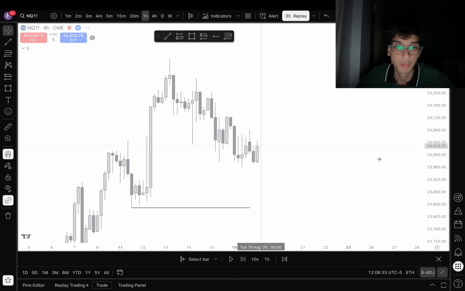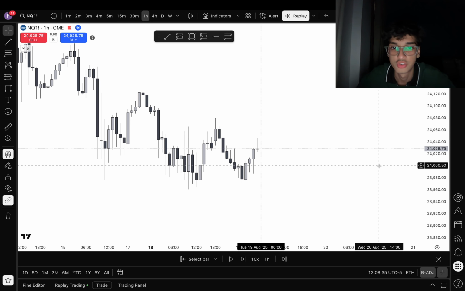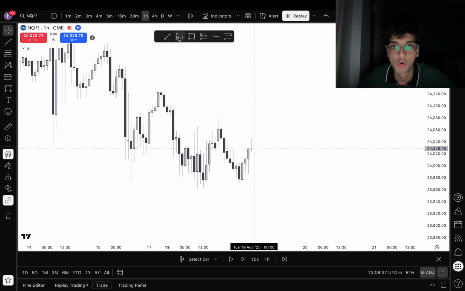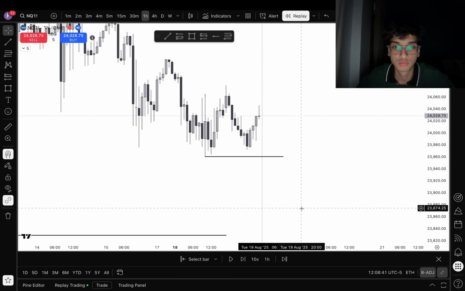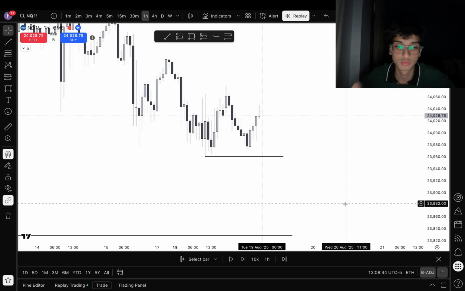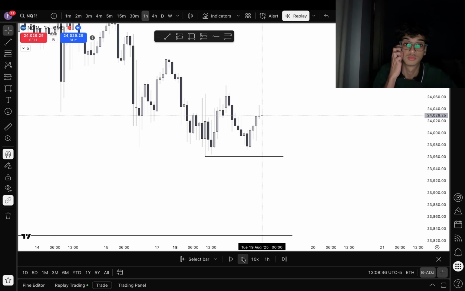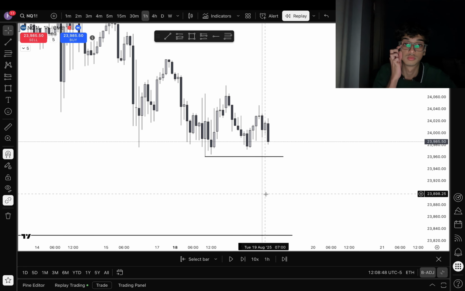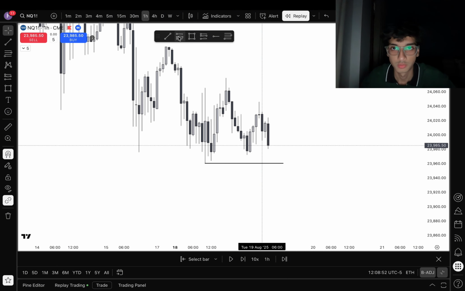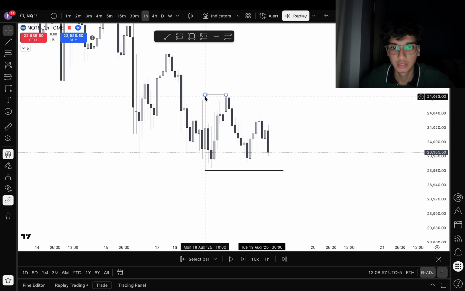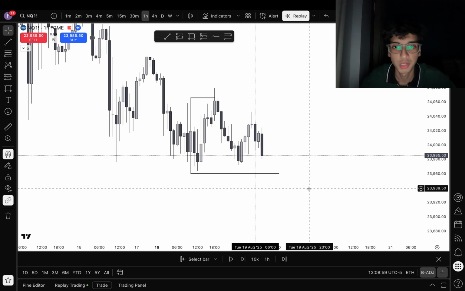Bearish momentum, bearish. Displacement, support internal buy side, again displacement.